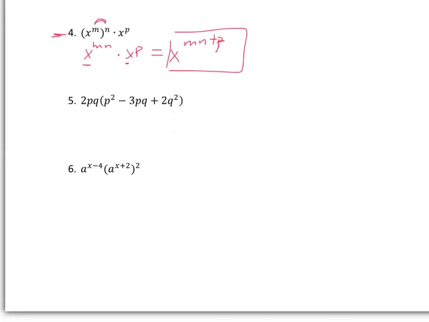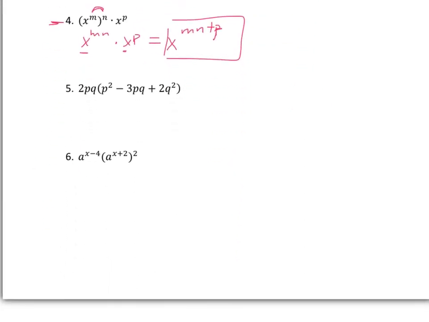Two more examples. A little bit more difficult ones here. So we got 2pq that we're going to distribute all into this quantity p squared minus 3pq plus 2q squared. So to distribute all the way through, we will have 2pq times p squared.